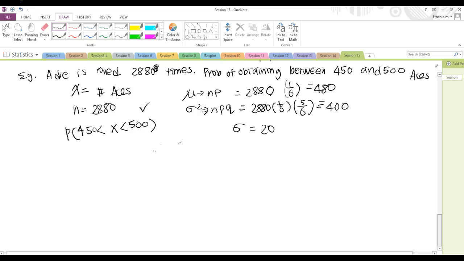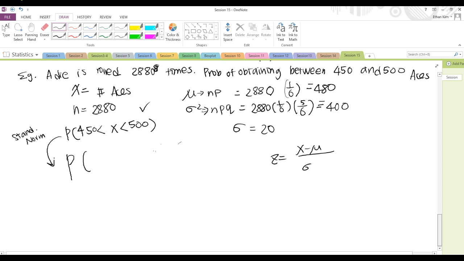So transferring this into standardized normal, we have to make these into z-scores. Again, z-score is x minus mu over sigma, right?